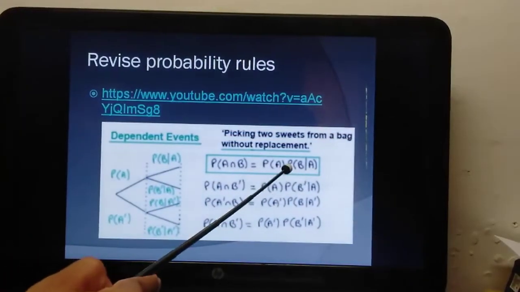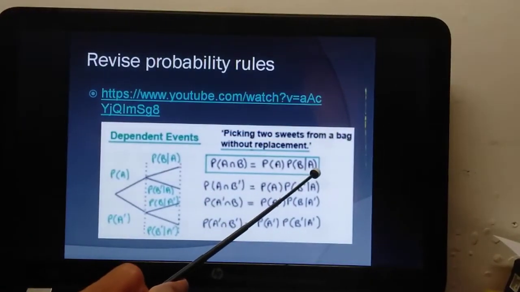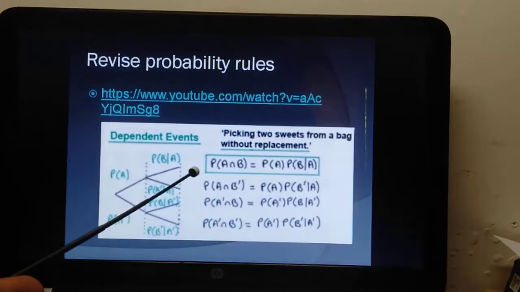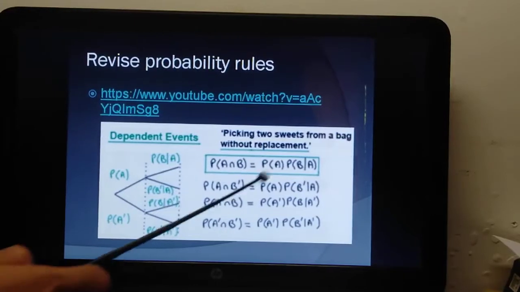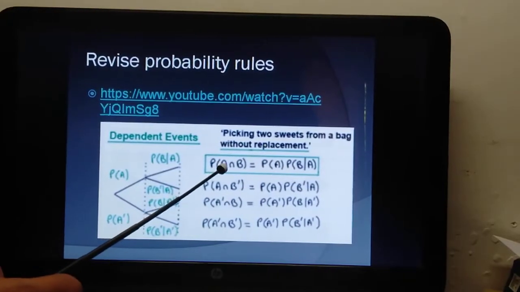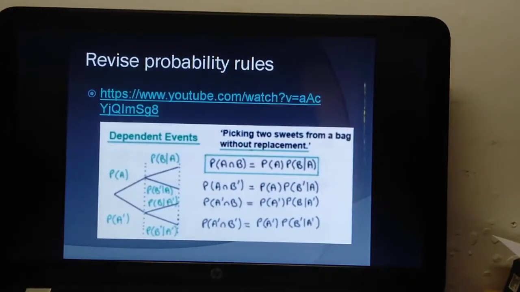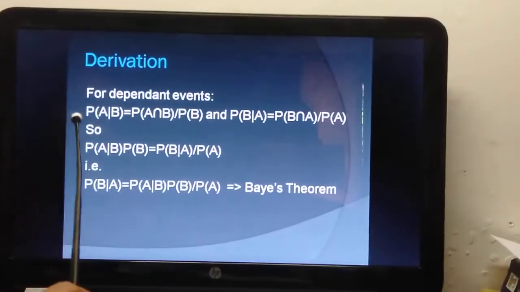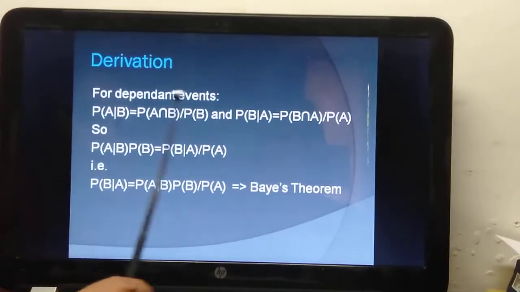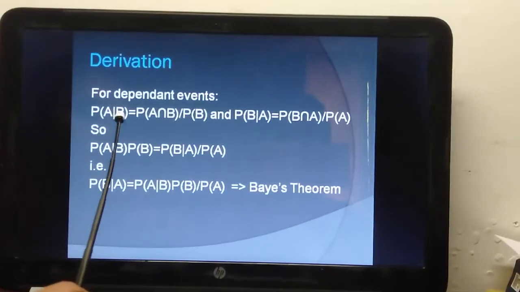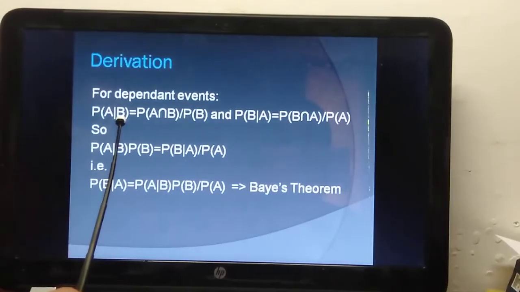Probability of B given A is equal to the probability of A intersection B divided by probability of the first event. So that's the same thing that's happening over here. Probability of A given B is equal to probability of A intersection B divided by the probability of B.